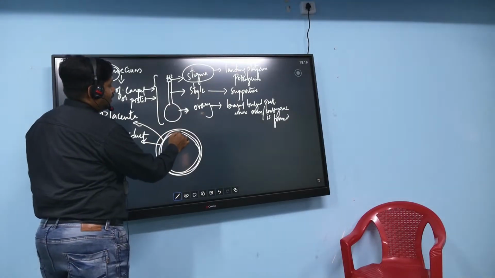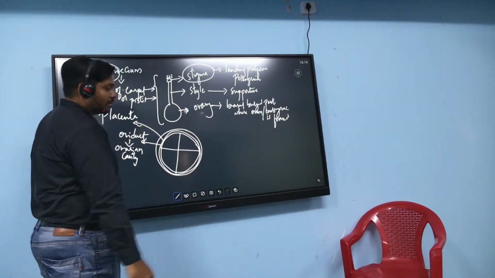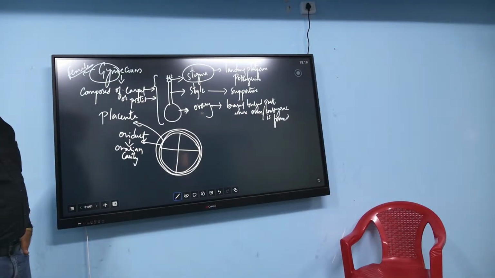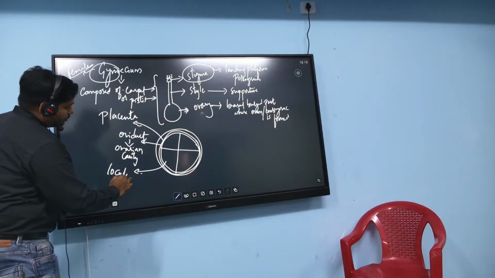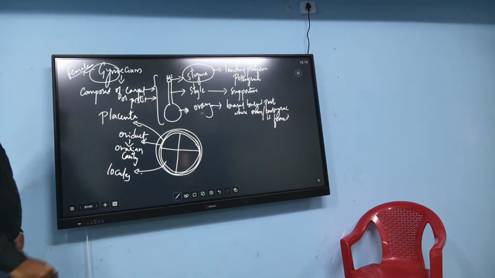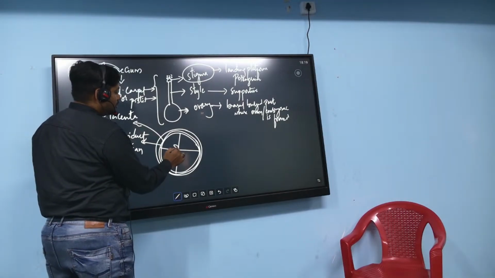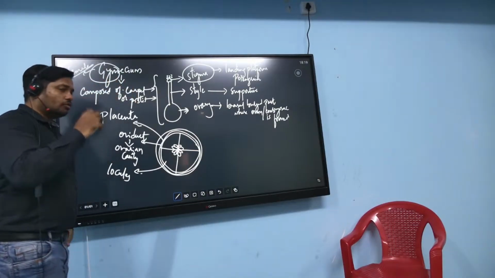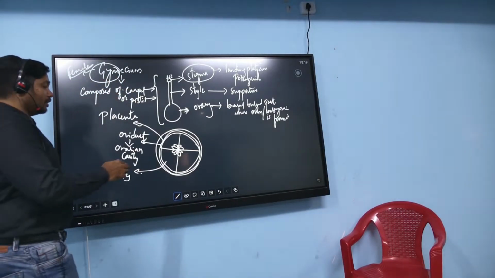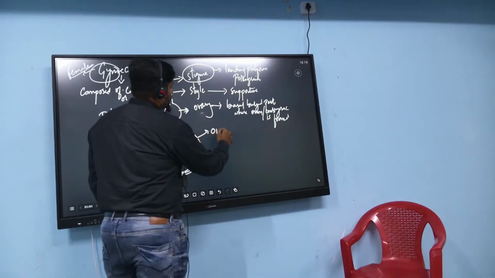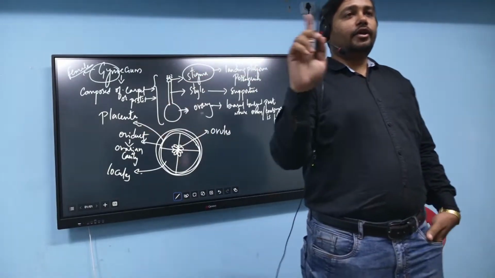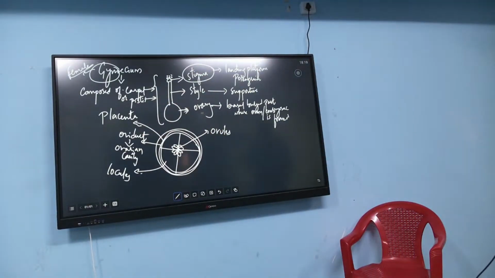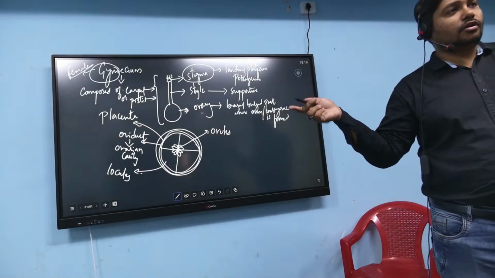Inside the placenta, we see chambers like this. The chambers are called locules. Inside these locules, we see small structures like this. It can be one, two, or many. Those are called ovules. Ovary, inside the ovary the ovarian cavity, inside the ovarian cavity the placenta, inside the placenta the locule, inside the locule the ovule.